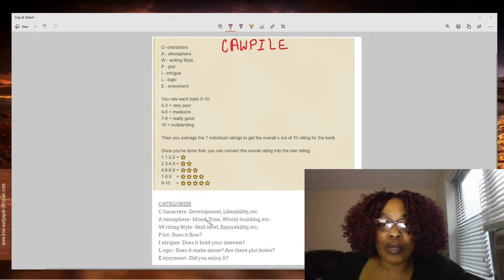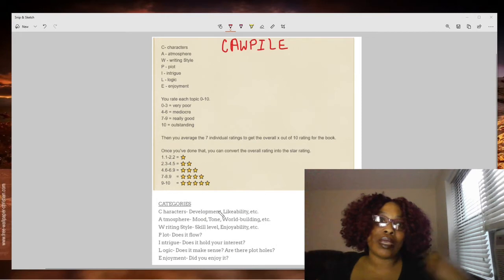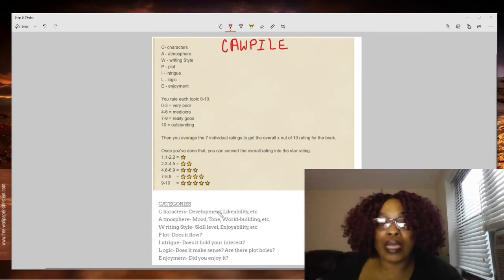So if you need a little bit more of an understanding of what the CAWPILE letters stand for, characters are when the author develops a character very well and if you like the character. And that also means that if the character is a villain, did that character really play that part as a villain very well.